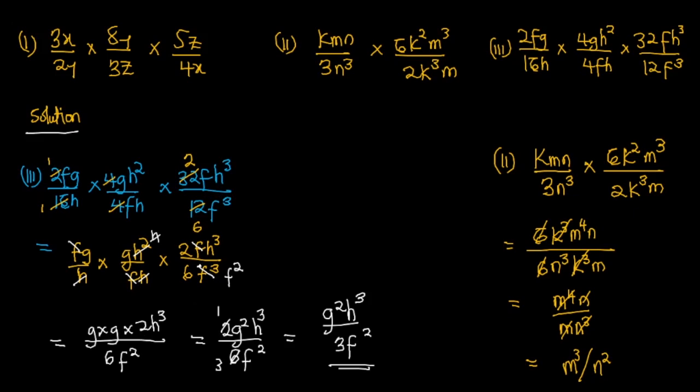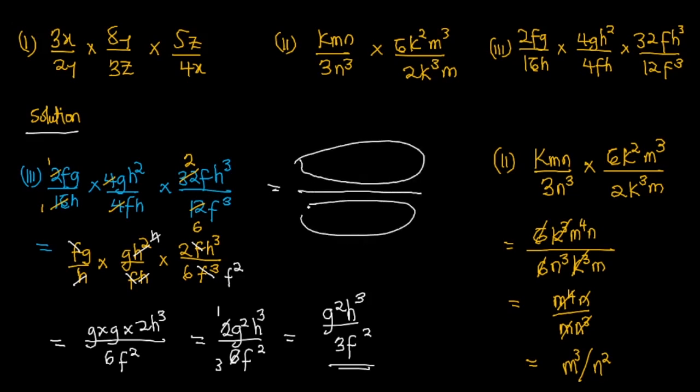Cancel again, rewrite like that until you get your final answer. Or you can multiply everything you have at the top, multiply everything you have at the bottom. Then you have some bulk numbers and variables, and then you take your time to cancel them out individually to get your final answer or your final expression. Right, so let's go ahead and look at more examples.